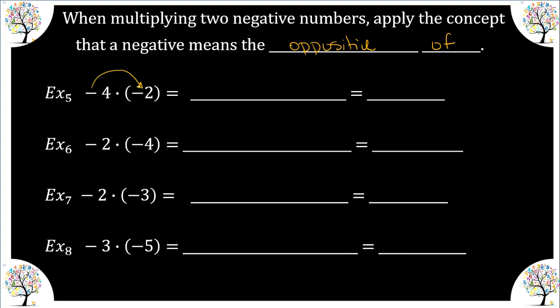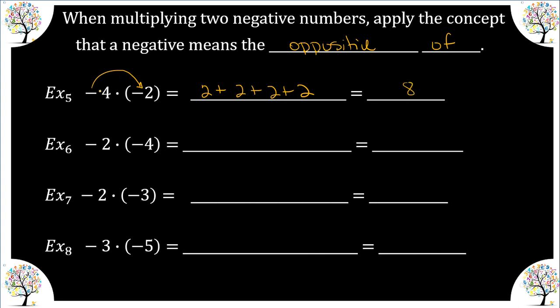If we take the opposite of negative 2, that becomes positive. So we have 4 groups of positive 2 actually going on here. So this negative, which means opposite of, we take the opposite of the second number, and we have repeated addition, we are going to get a positive 8.